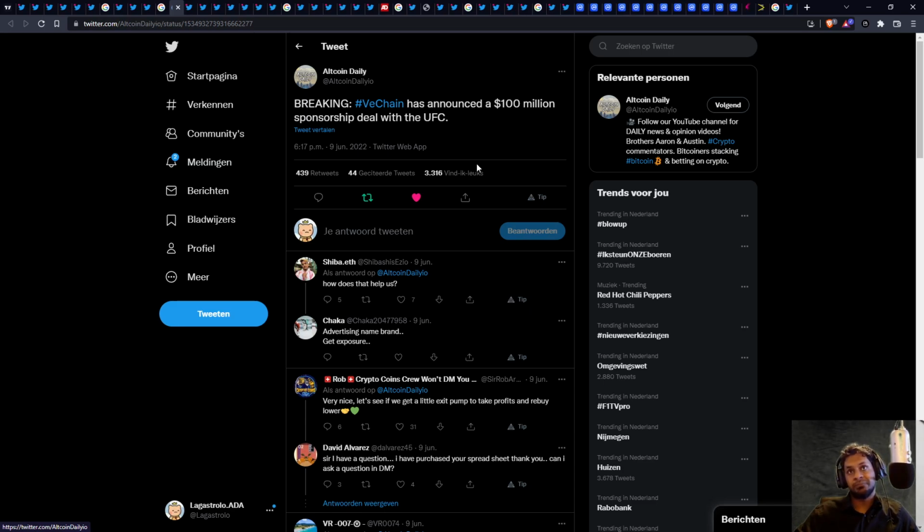VeChain is a token that is highly focused on supply chain management. So when a product is going from point A to point C, at every stage of the whole journey, for example the temperature of the product, whether it's food, clothing, computer chips, and so on, they are putting RFID chips into the products.